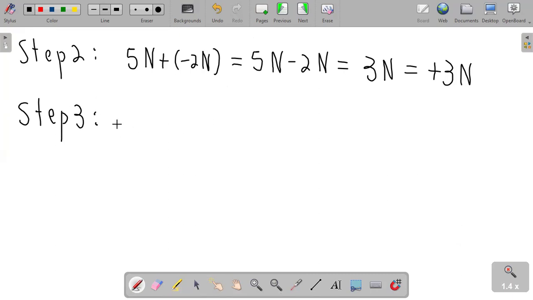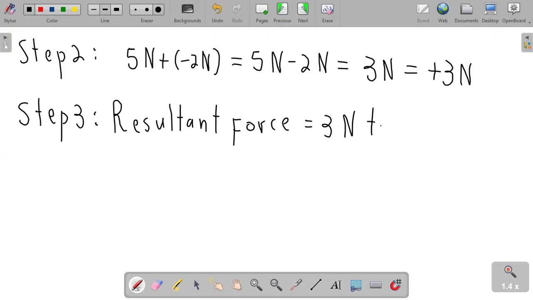So therefore, the resultant force in our case here is going to be 3 newtons to the right, or you can also say 3 newtons east.